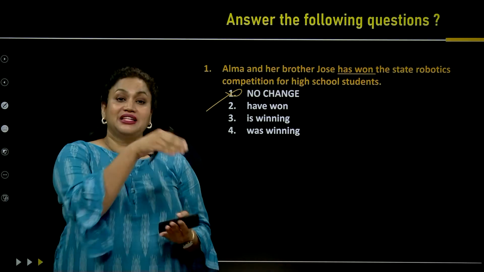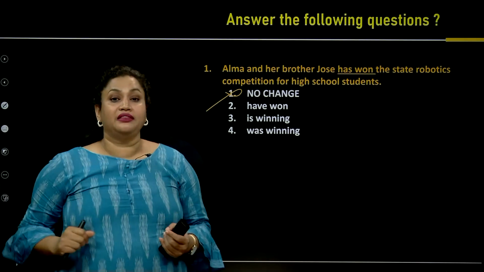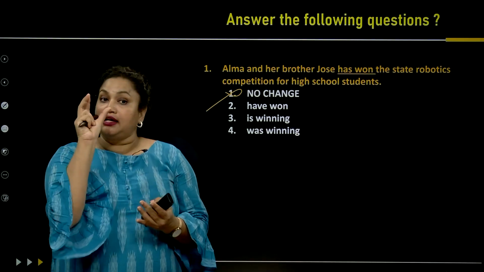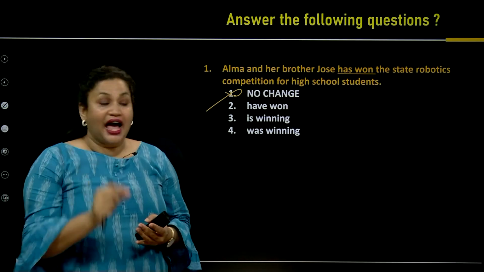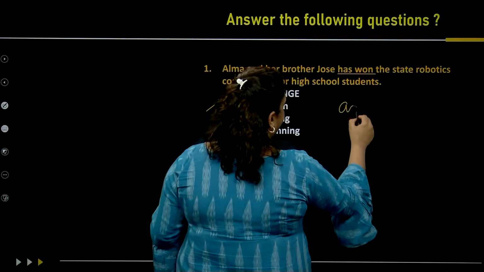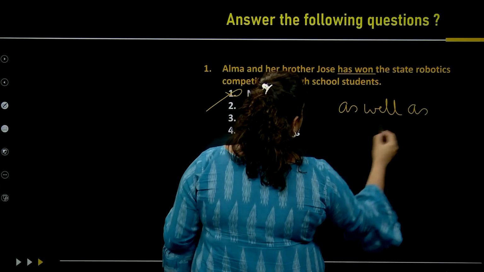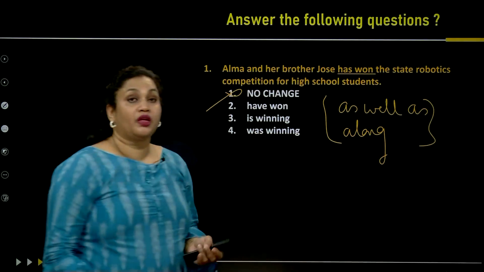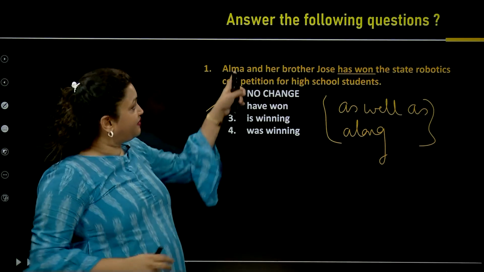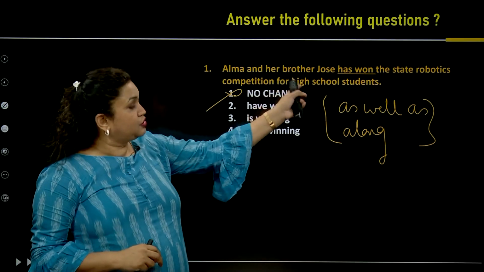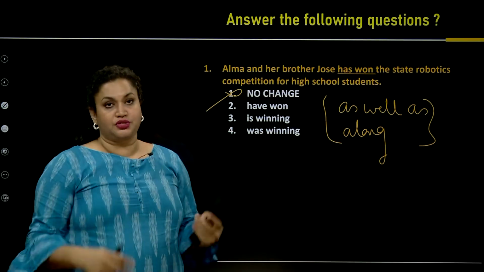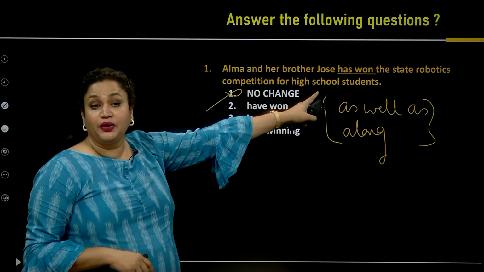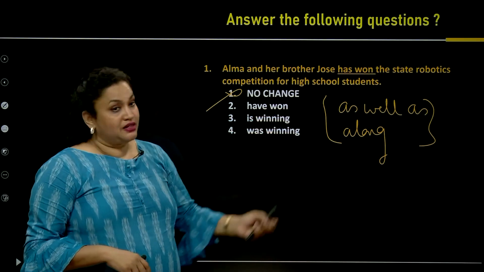Alma, as well as her brother Jose, has won the state robotics competition for high school students is also right, because the phrases as well as or along with basically talk about the subject. The subject will then be Alma, and Jose is just a complement that is used. Therefore, in these cases, we could have used the same option, but that's not the case.